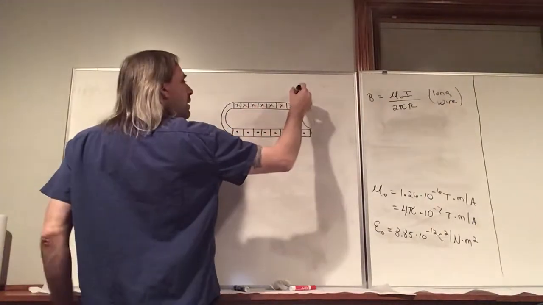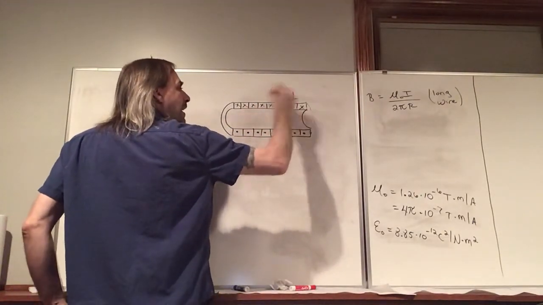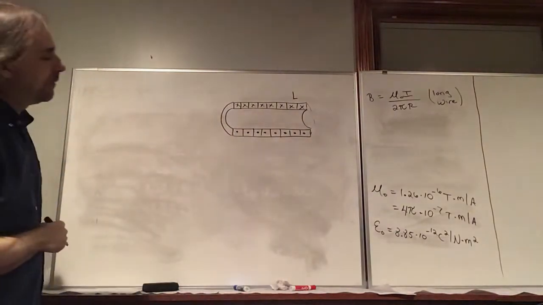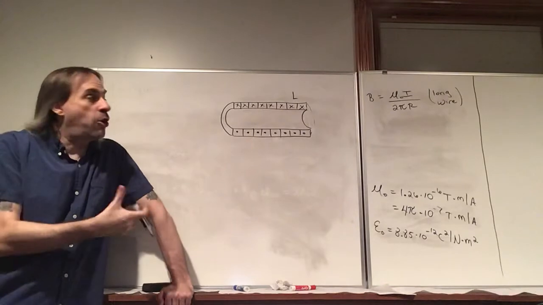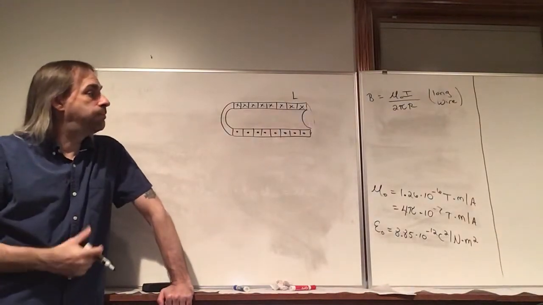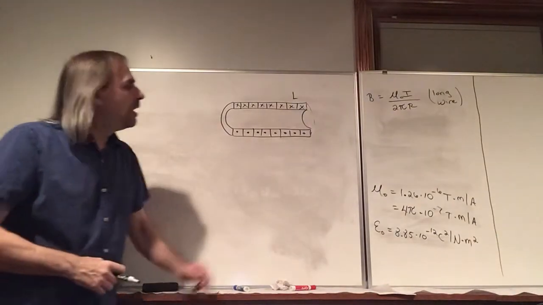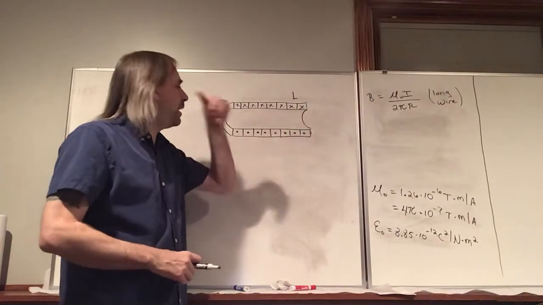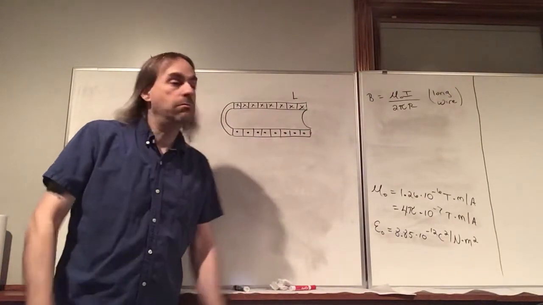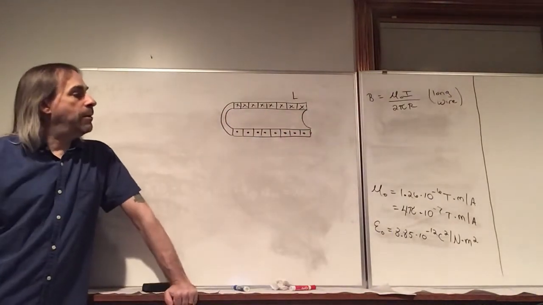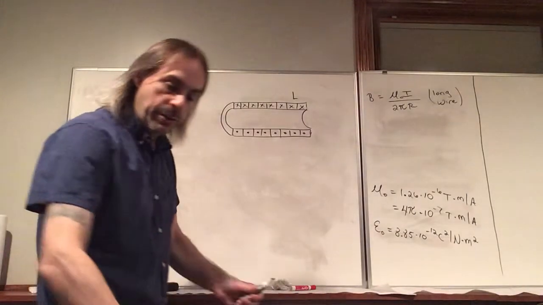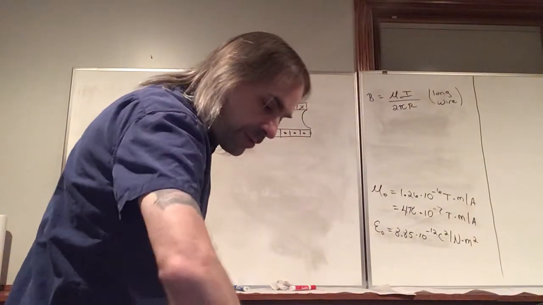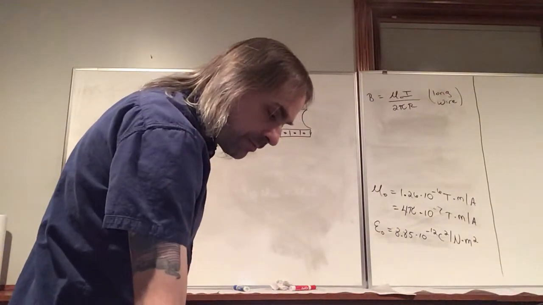And we're going to say that the solenoid has a length L. And we want to know what the magnetic field would look like due to this solenoid. Remember, currents create magnetic fields, and here we have a wire, we have a current. Actually, I think I have a picture of that as well.